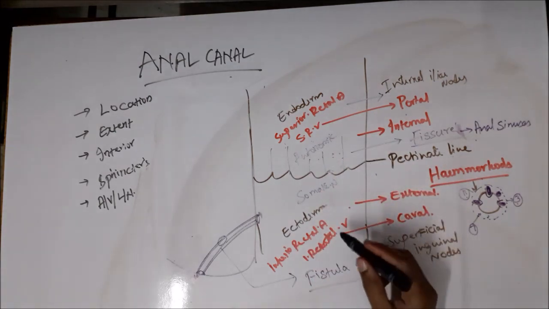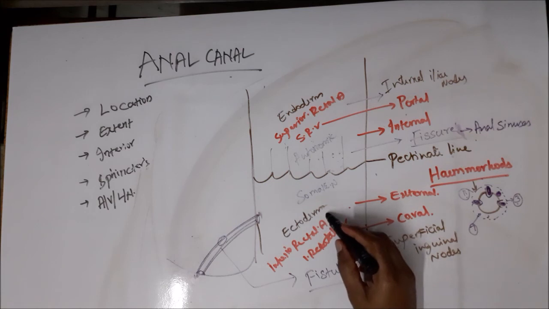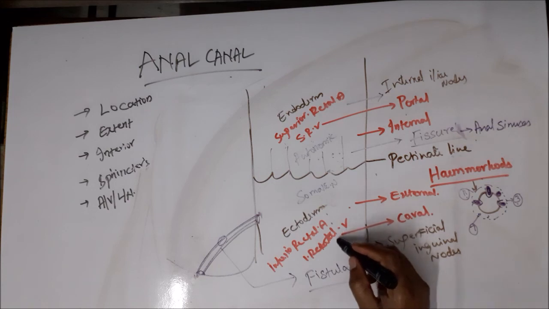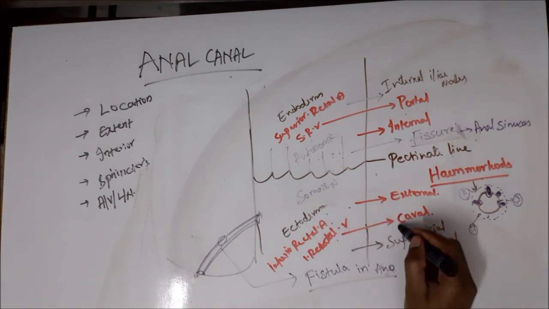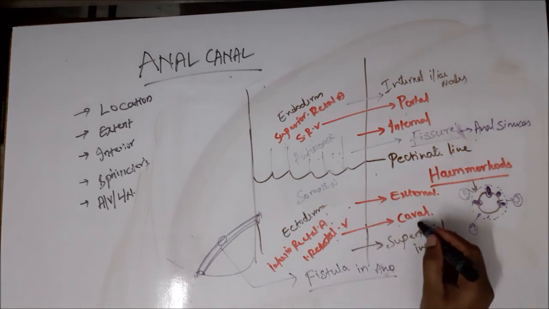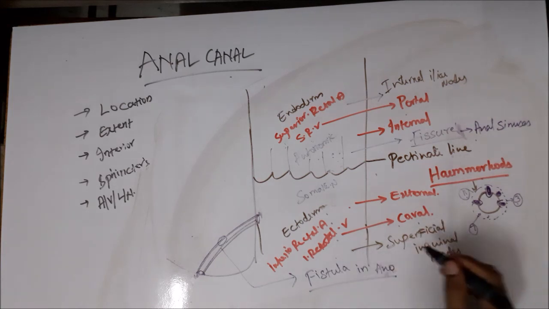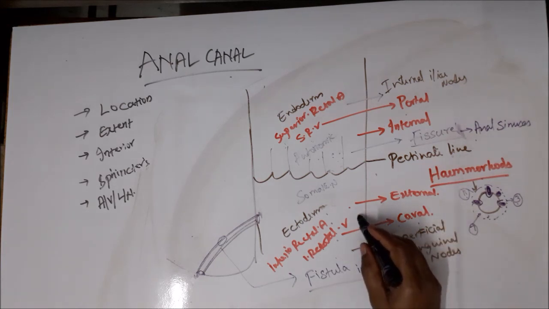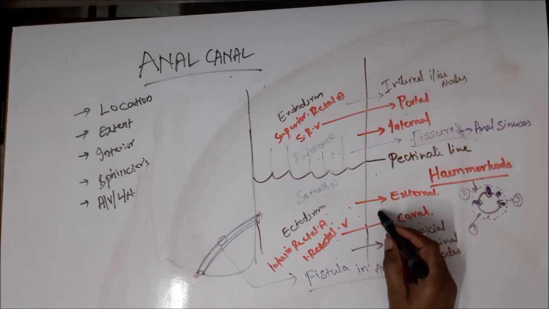Below the pectinate line, it is derived from ectoderm, that is proctodeum. It is supplied by the inferior rectal artery and drained by the inferior rectal vein, which is a tributary of the caval system. These are supplied by somatic nerves. So these are painful external hemorrhoids.